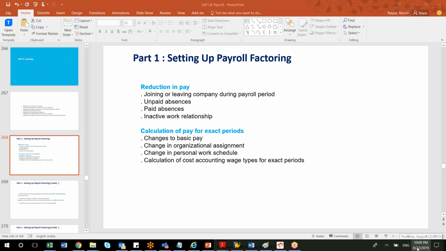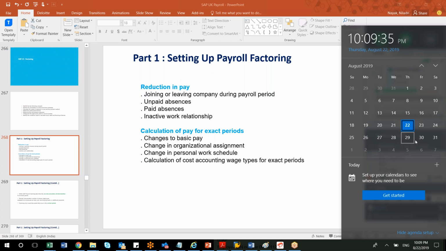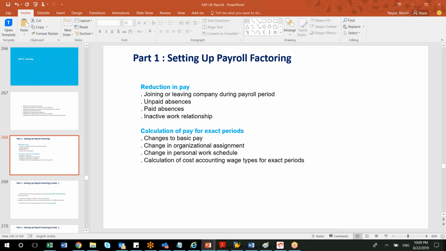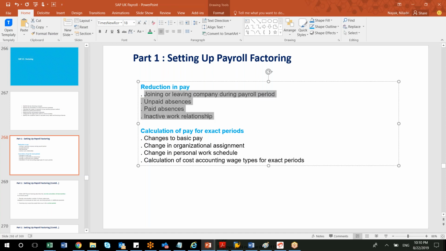Also in case of an inactive work relationship: suppose you are on sabbatical leave or any long-term leave for a particular period, say 6 or 8 months. During that period you are not working for that organization but you are still an employee, so in that case also there will be a reduction in pay. In all these scenarios of reduction in pay, factoring will come into the picture.